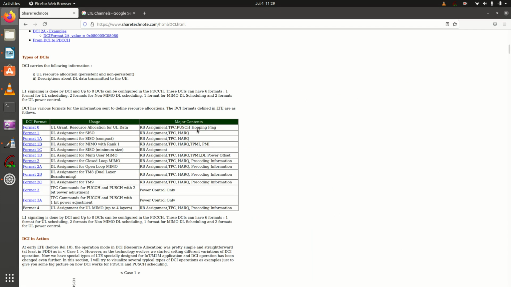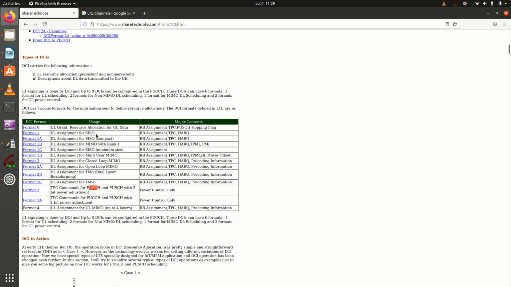You can see format 0 is used for UL grant, that is PUSCH allocated to a UE, and format 3 is again for PUCCH and PUSCH assignment. The rest of the formats, 1, 1A, 1C, 1D, are all for DL assignment, that is assignment of PDSCH for different kinds of transmission schemes.